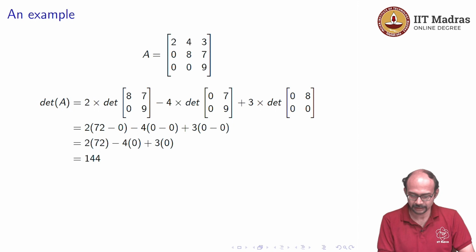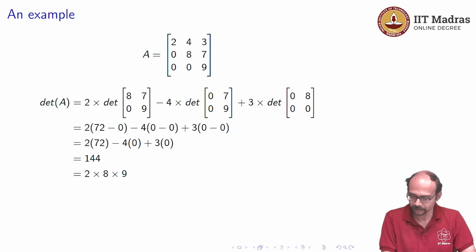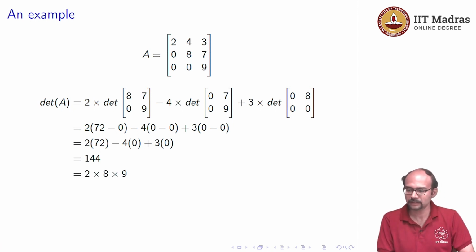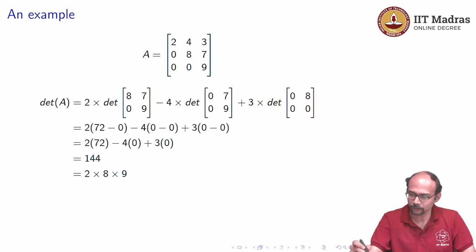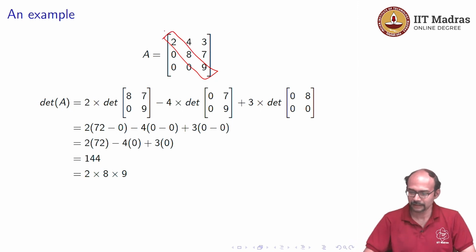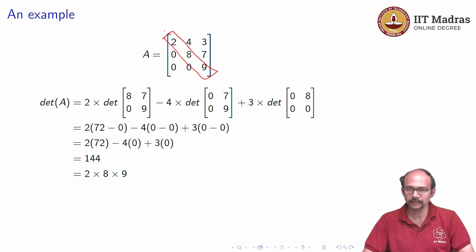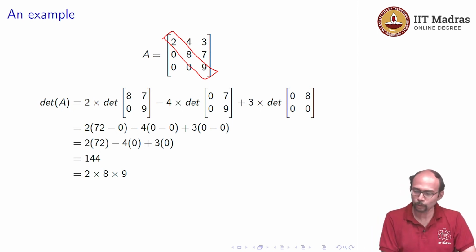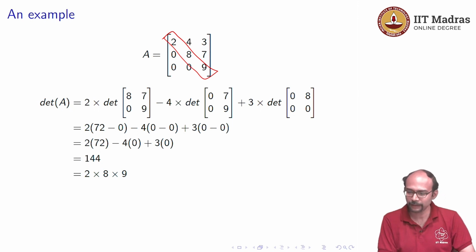And I will ask you to notice something important, which is that this is 2 times 8 times 9, which is exactly what we have on the diagonal. So these are the diagonal entries over here, and that is what we got. So the determinant of this matrix A is the product of the diagonal entries. I hope you followed both the computation and the fact that it is the product of the diagonal entries.